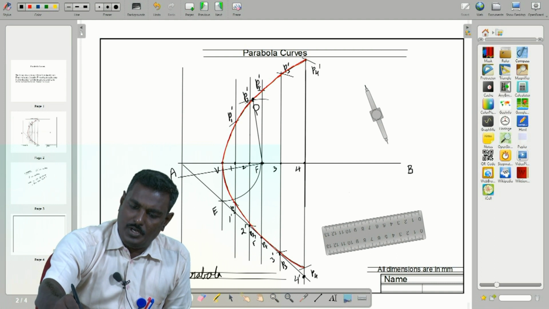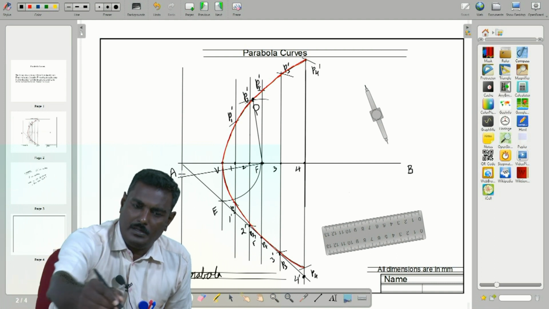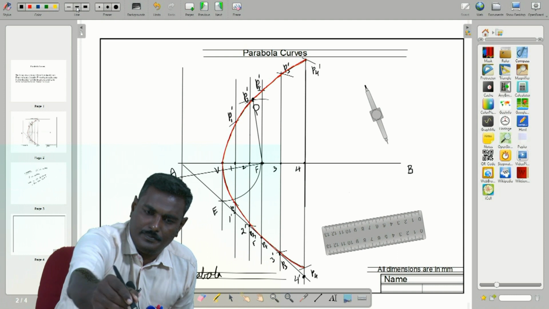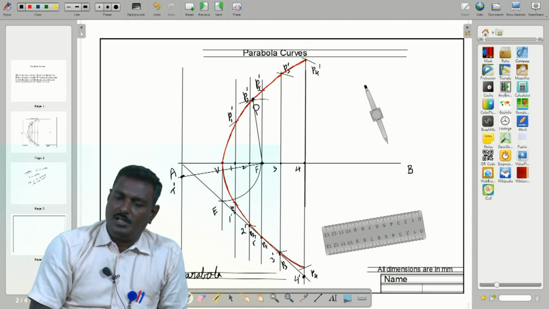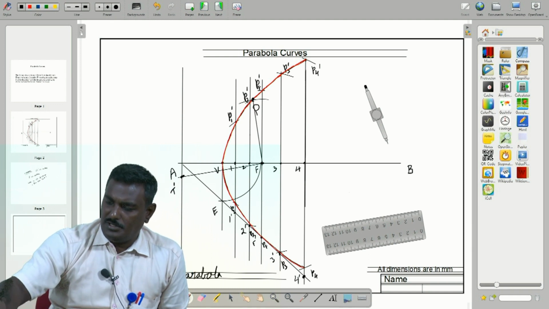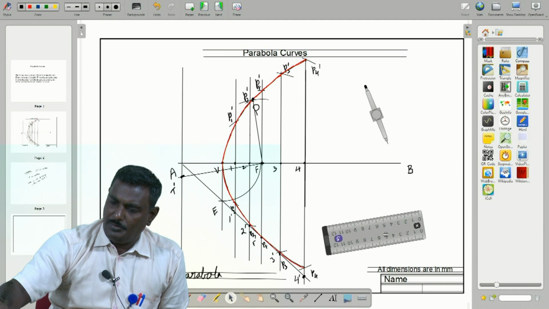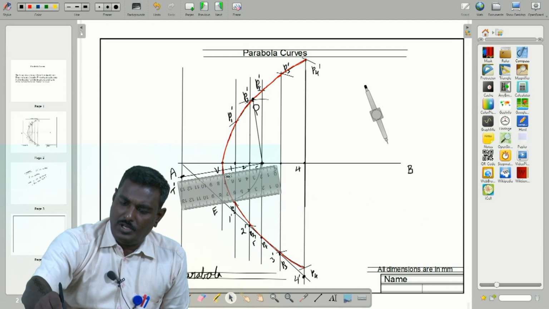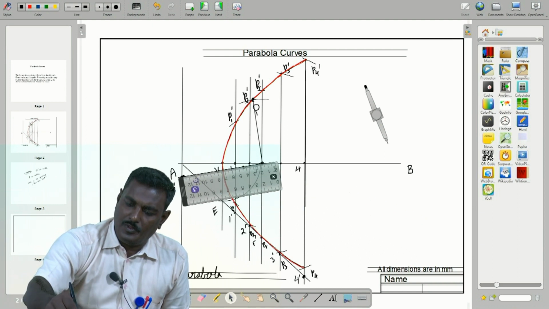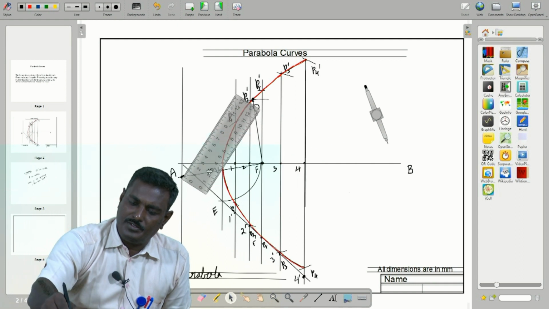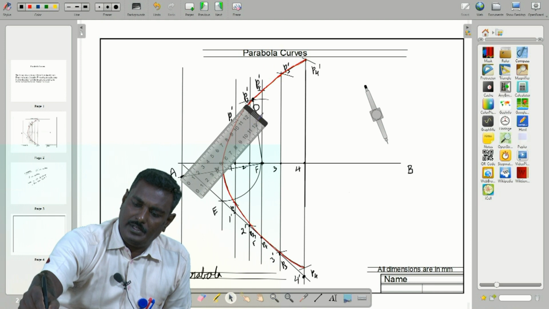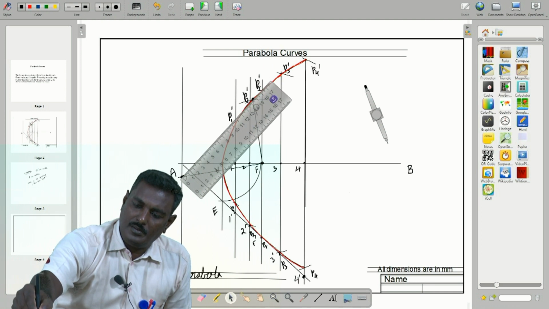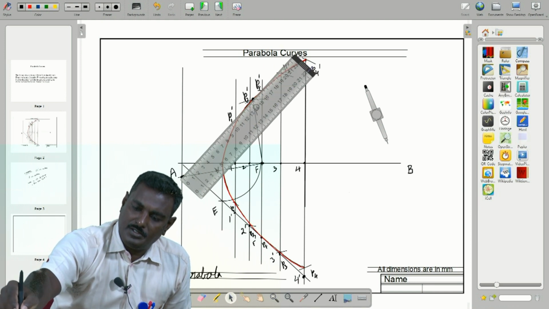This point we mark as T. So, by keeping this line, we have to draw a line tangent to this.